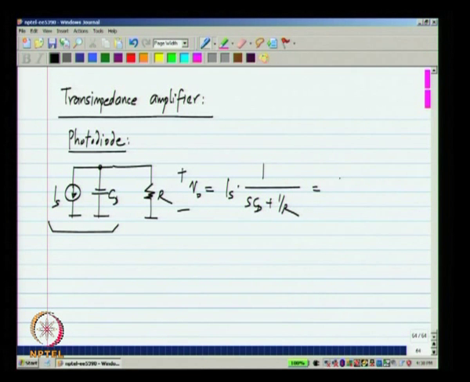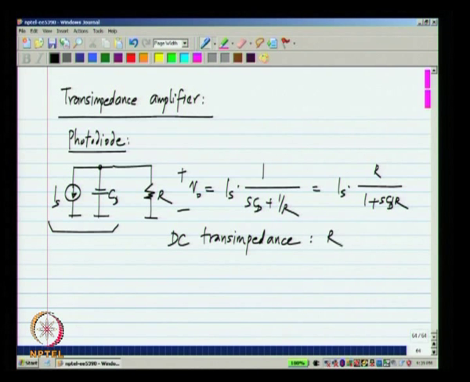In other words, the output voltage is IS R by 1 plus SCD times R. So, at DC the transimpedance is R, and this is a first order circuit.